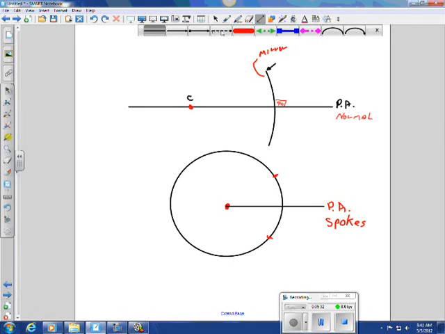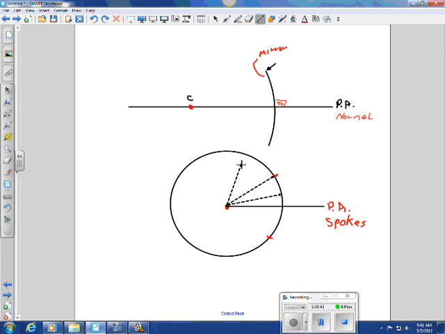Let's draw a whole bunch of spokes. I'm going to draw a spoke from the center. It's going to go like that. Draw another one here. I'm going to go right around this whole thing with a whole bunch of spokes. And every one of these spokes forms a 90-degree surface.